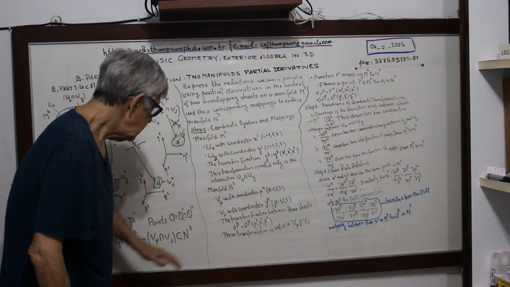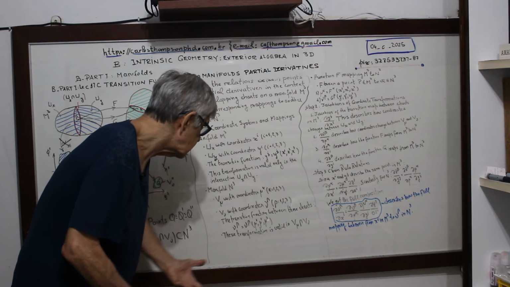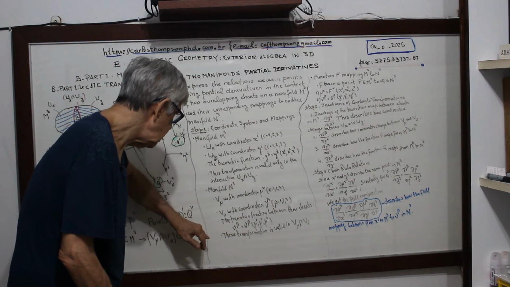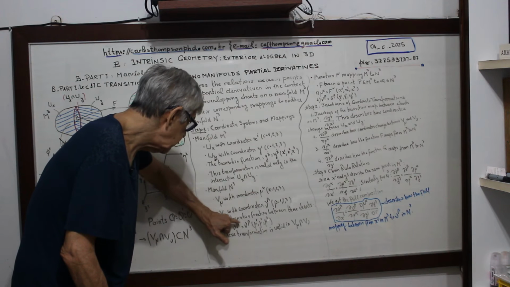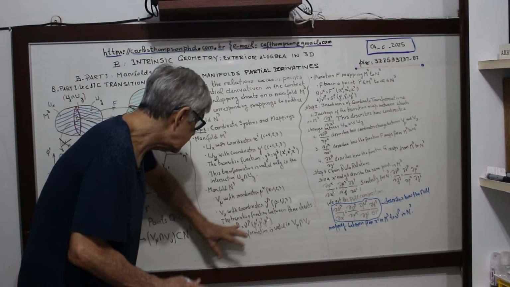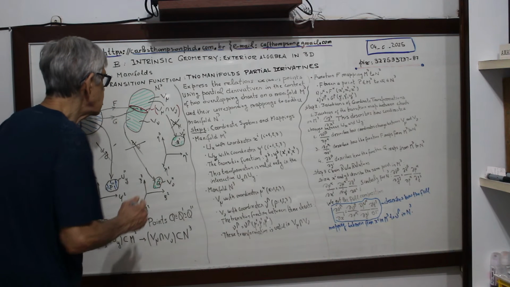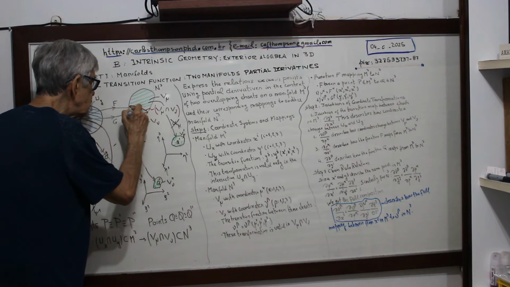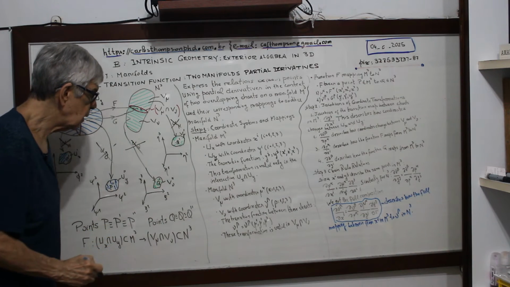Now, the transition function between these charts, nu beta as a function, is valid only on this intersection, on the red mark.